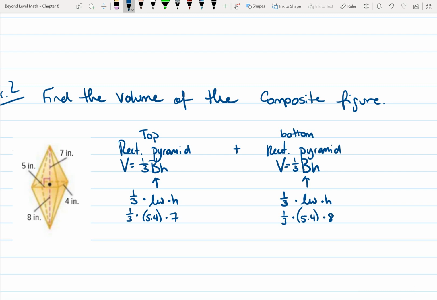Alrighty. Let's see, 1/3 times 20 times 7, we get 46.666 repeating, so we're going to round to 46.7.